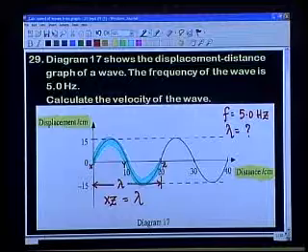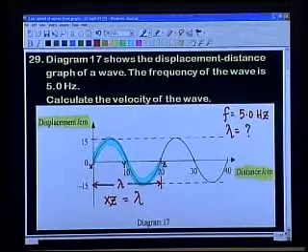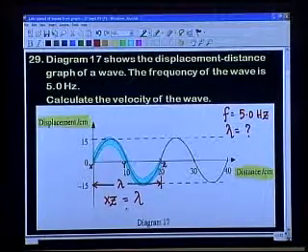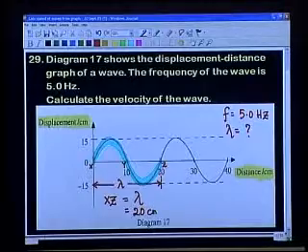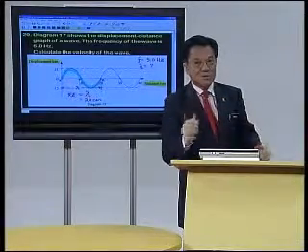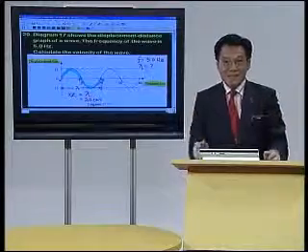That is the wavelength. I label it lambda. So what is the distance between X and Z as in the diagram? It is 20 centimeters. So this is a very important aspect of the graph of the wave that you must know. And once you have got this, this becomes as easy as ABC.